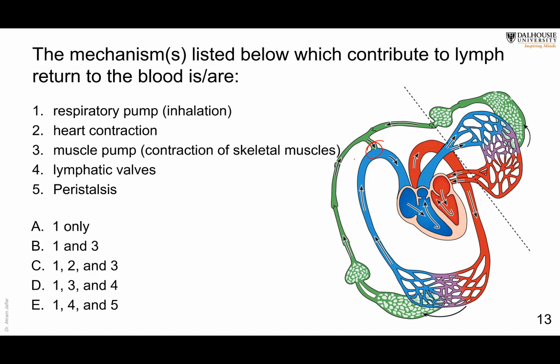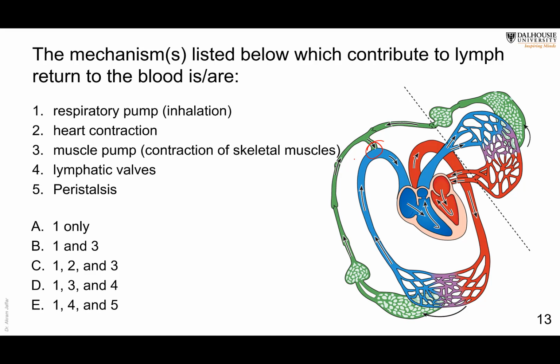Usually most of it, 3/4, drains on the left side at the junction of the left subclavian and the left internal jugular vein. But some of it, 1/4, is drained to the right side by the right lymph duct. On the left side, it is called the thoracic duct.